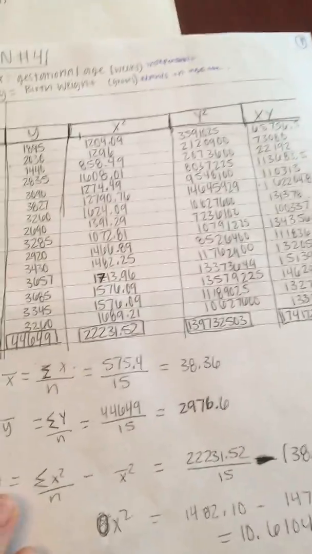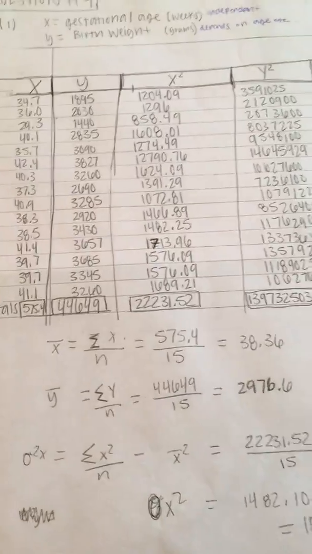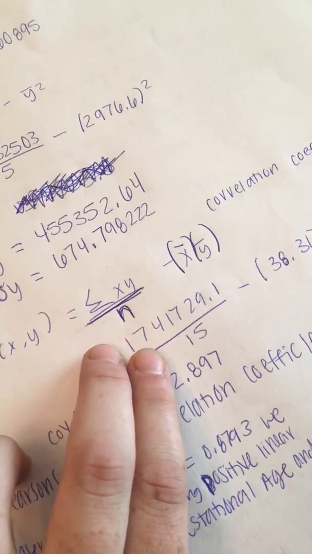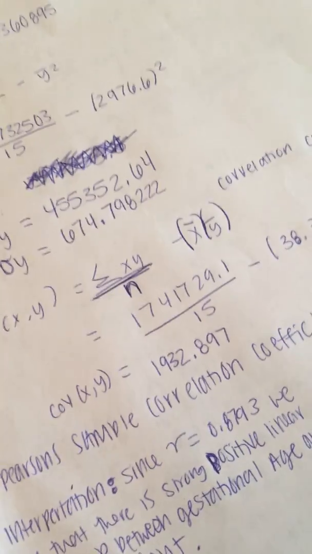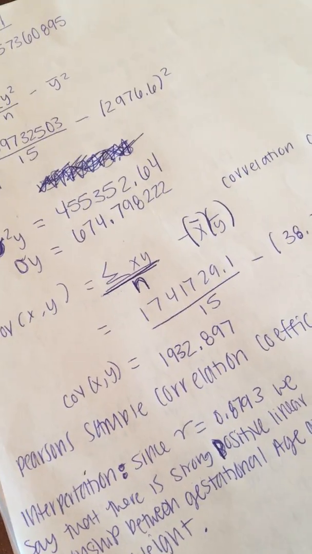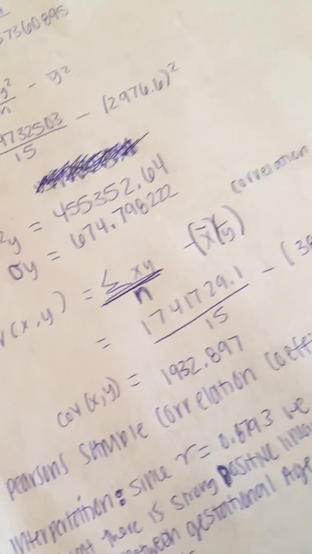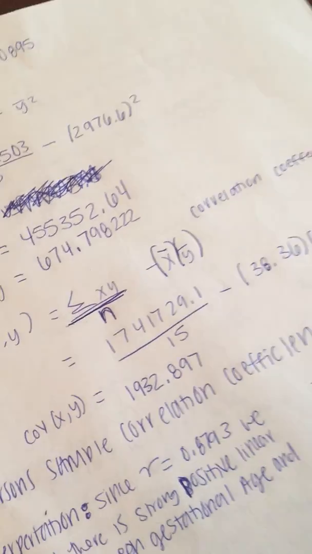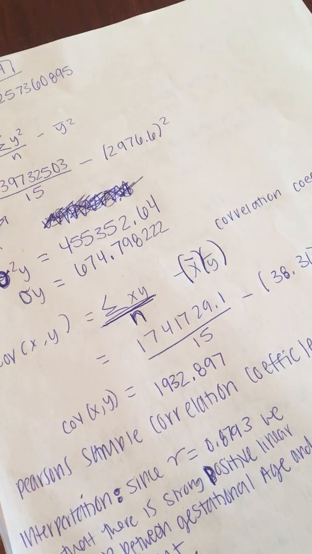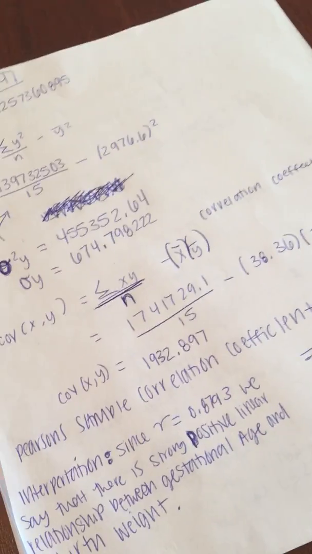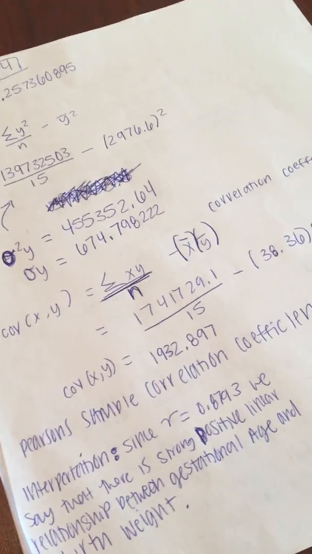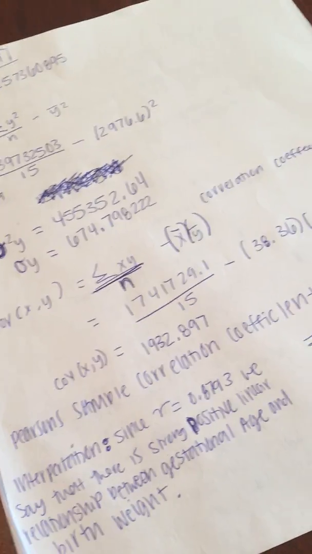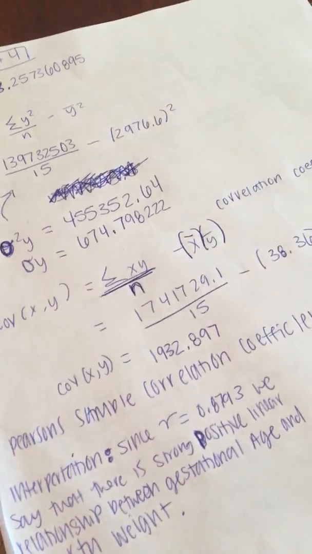We are basically going to punch all of this into an equation. I'm sorry, it's kind of messy, but our correlation would be: n times the sum of xy, minus the sum of x times the sum of y, over the square root of n times the sum of x squared minus (the sum of x) squared, times n times the sum of y squared minus (the sum of y) squared.